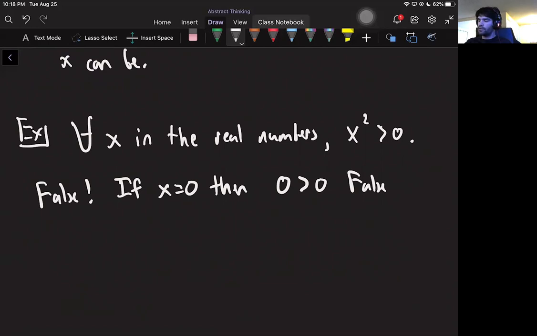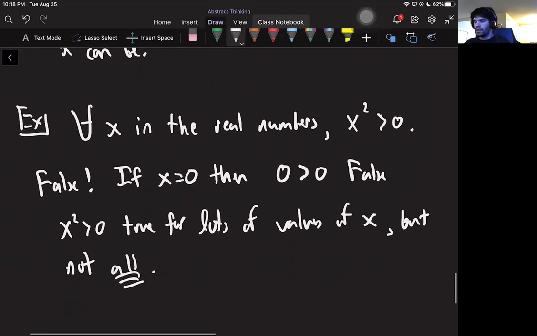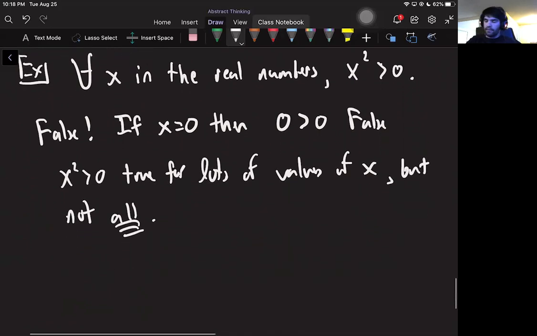So because it's true for a bunch of values of x, but not all of them, it's false. x squared bigger than 0 is true for lots of values of x, but the point is it's not for all. It's got to be all, not just most.